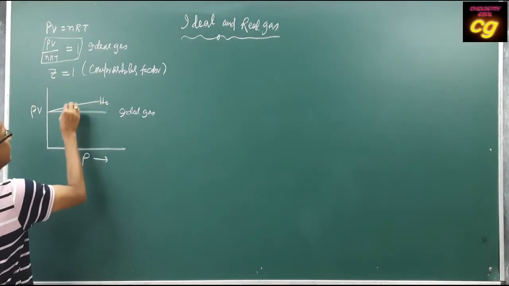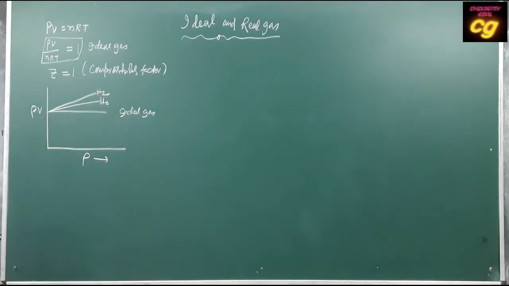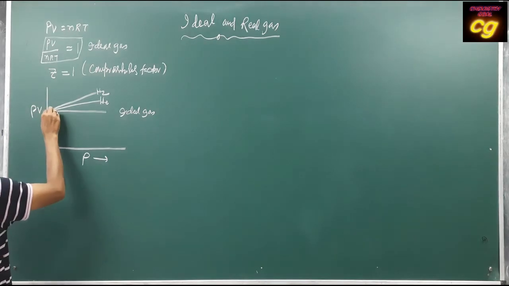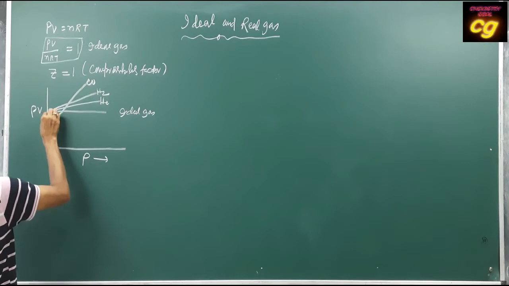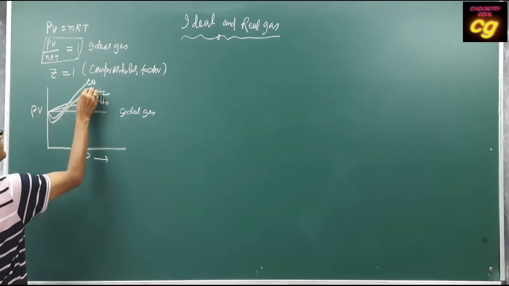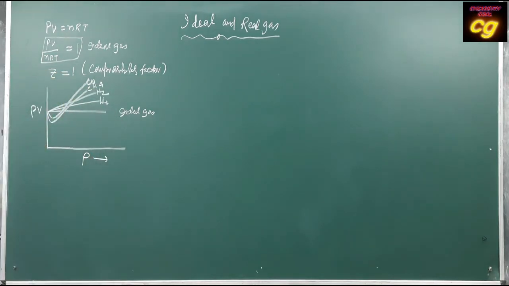This is for helium and this is for hydrogen. And if you see other gases, this is for carbon monoxide, and this is for methane.